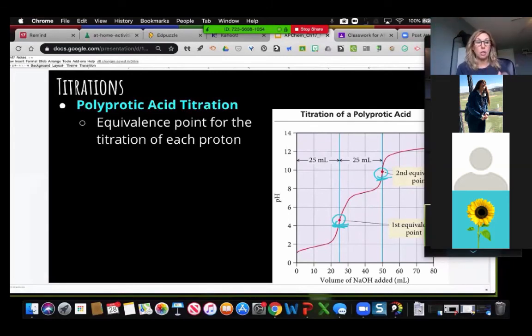I'm not going to ask you questions about polyprotic acids, but the people I'm most worried about are people who are going on to take this again. In a polyprotic acid titration, the curve looks different because every time you lose an H, it has its own equivalence point.